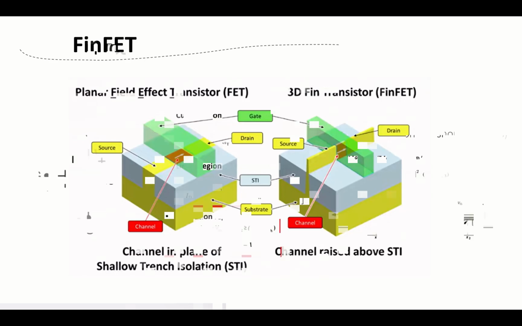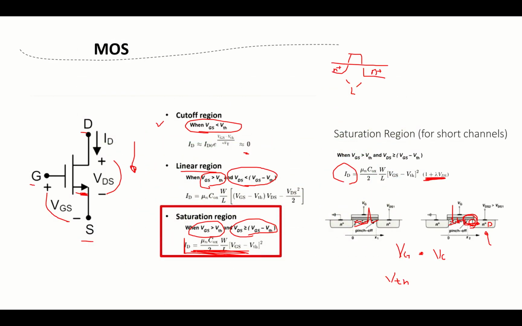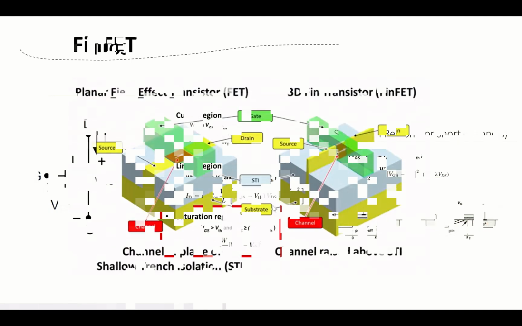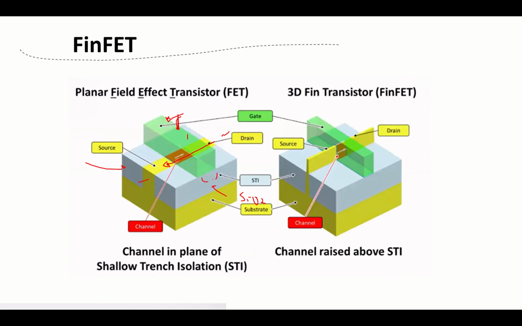Remember the equation over here? If we keep tuning the length, we can keep increasing the current. But there's a limitation in the process. If we keep reducing it, we'll see a lot of leakage. So another way is to change the width. That's what they're doing right now for the FinFET.